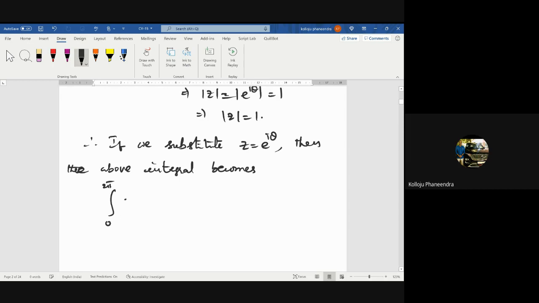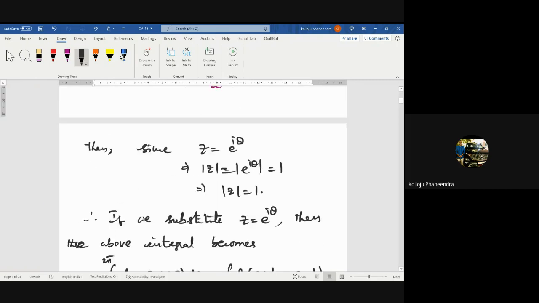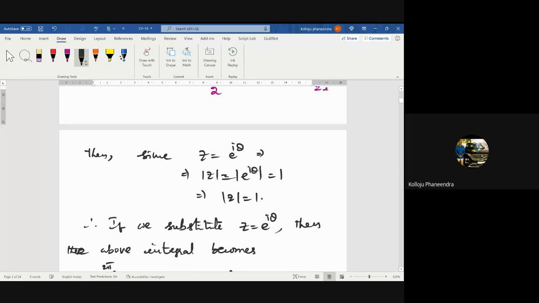Given integral 0 to 2 pi of a function of cosine theta, sine theta d theta is equal to an integral where in place of cosine we put z plus 1 by z by 2, and for sine, z minus 1 by z by 2i. And what does d theta become? Differentiating on both sides, dz is nothing but i into e power i theta d theta, isn't it?